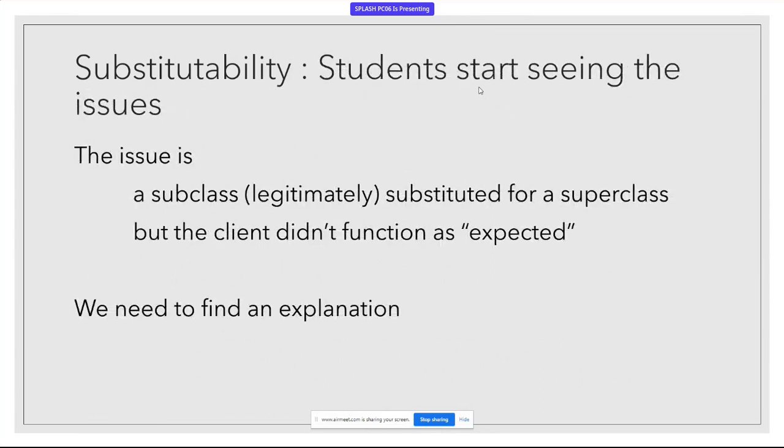We can actually create a subclass of counter, counter sub, that increments by 2. The students see that we are legitimately subclassing the counter class, but the client didn't function as expected, quote unquote. What is going on here?